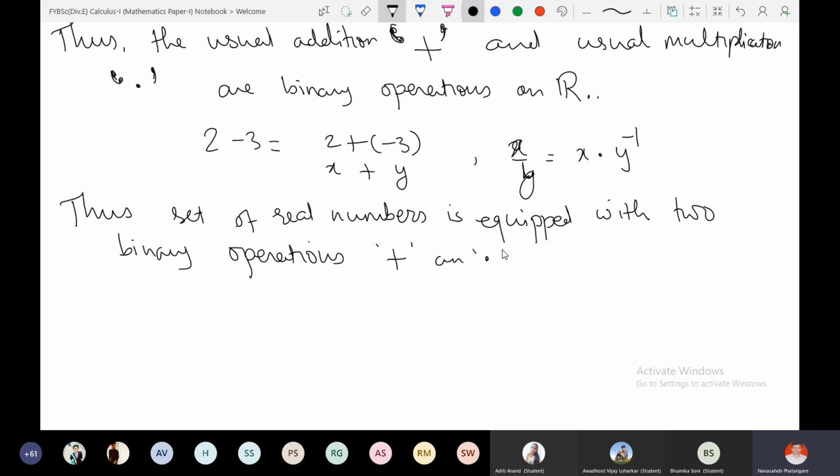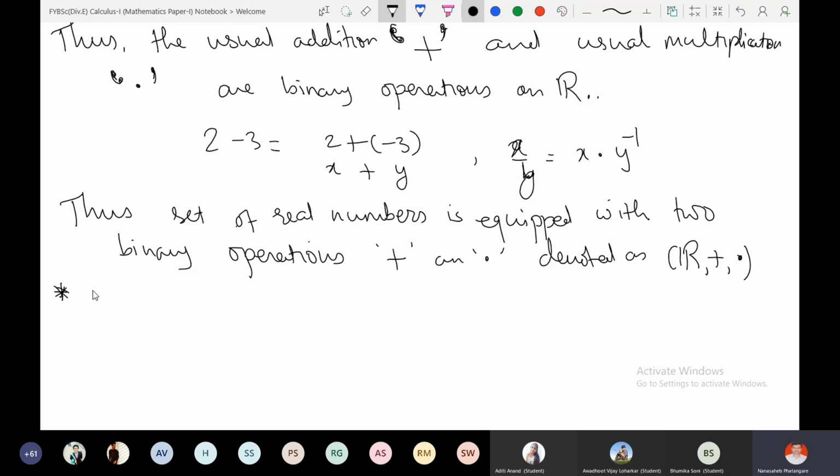These are equipments for the set of real numbers, and we can handle the real numbers using these two operations. So now it is denoted as R, plus, dot. These are two powerful tools with real numbers, addition and multiplication. Right. And therefore we want to study very important, essential, fundamental properties of real numbers.